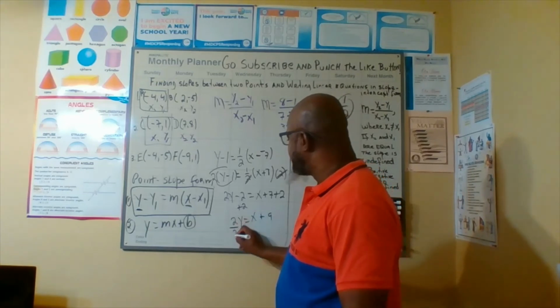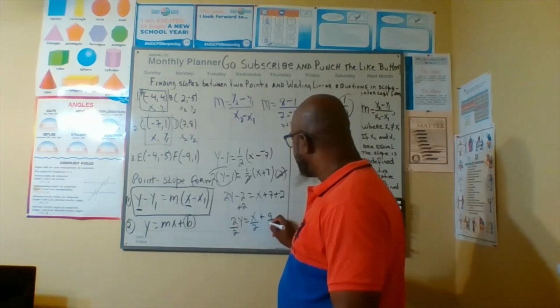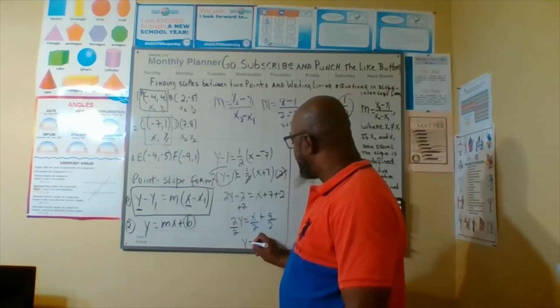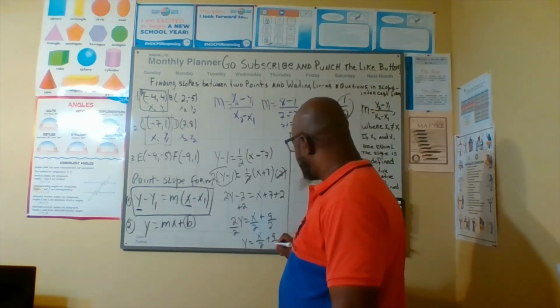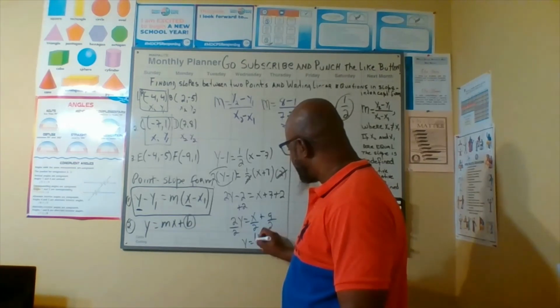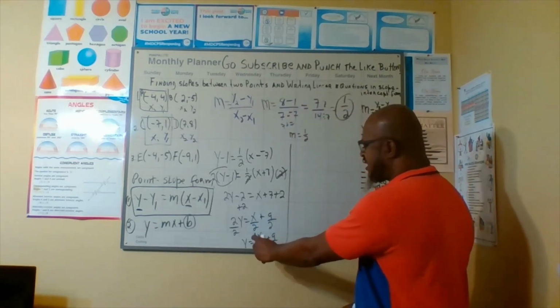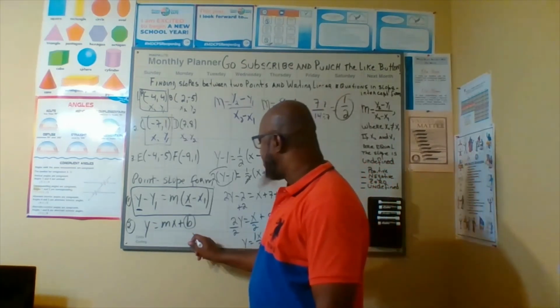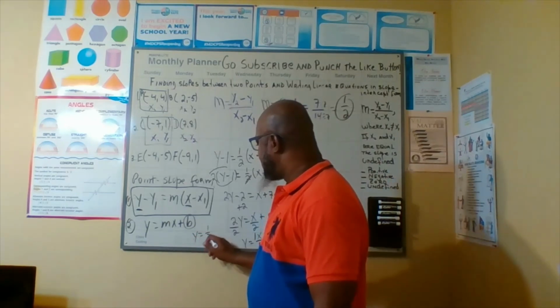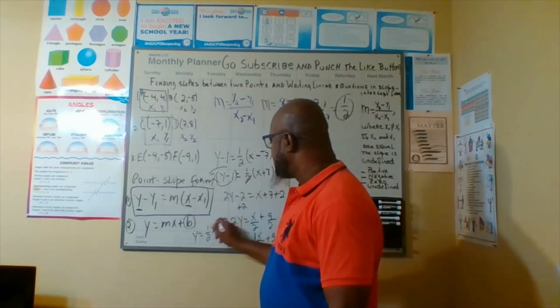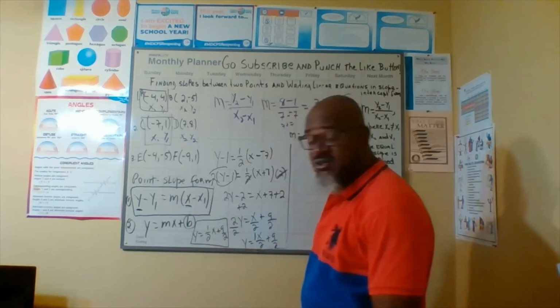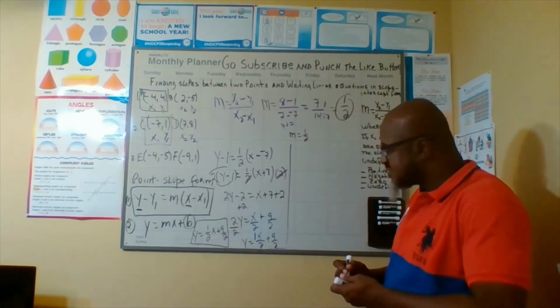Here you divide by 2. You divide by 2. So you will have y equal x over 2 plus 9 over 2. Remember, this is a 1, so you can write it as 1/2 x. You don't have to. Right? 1/2 x plus 9 over 2. You don't need to change anything to this symbol. So this is done by using the point-slope form.